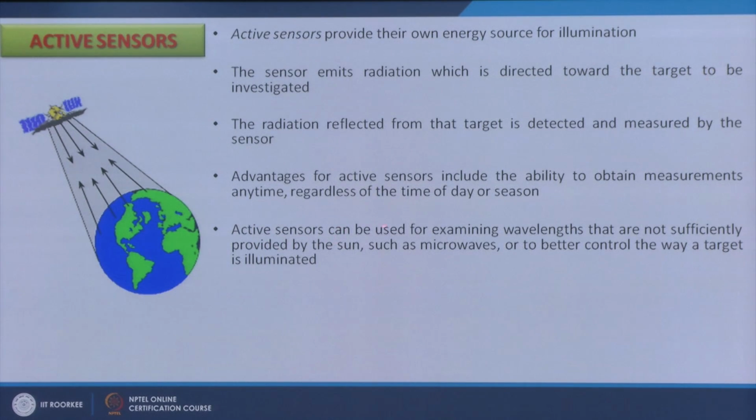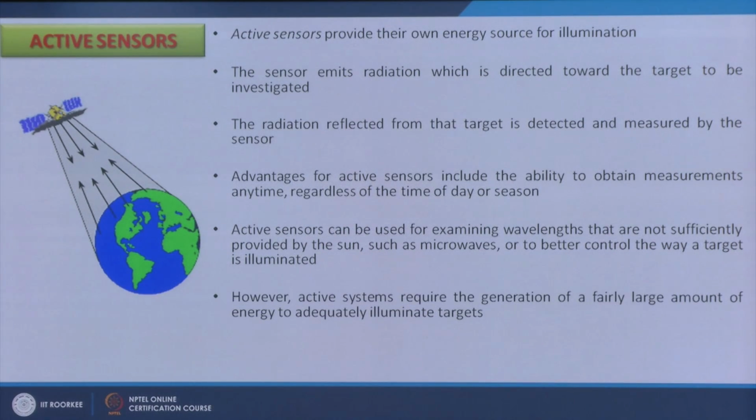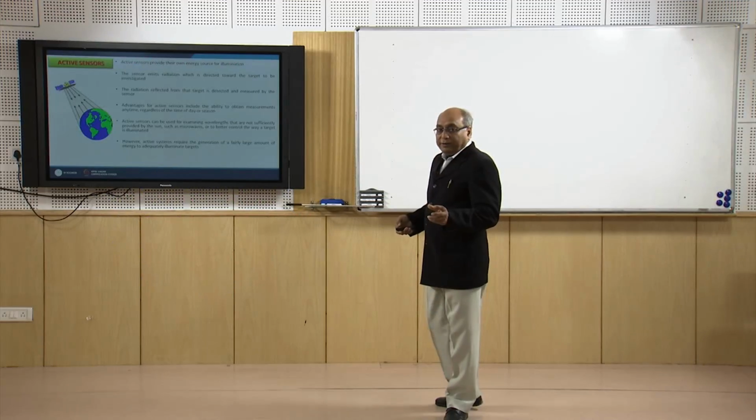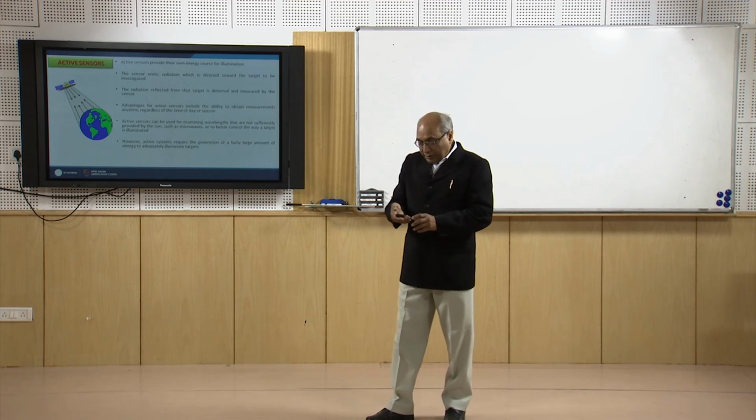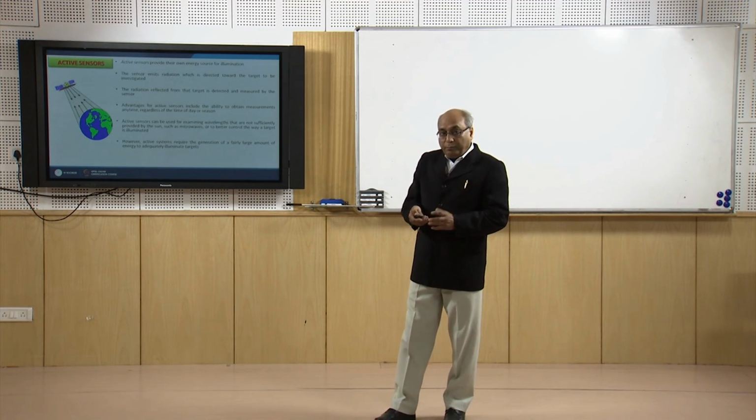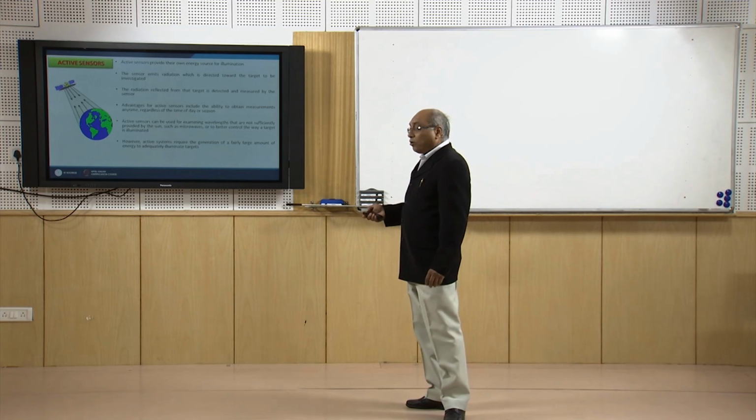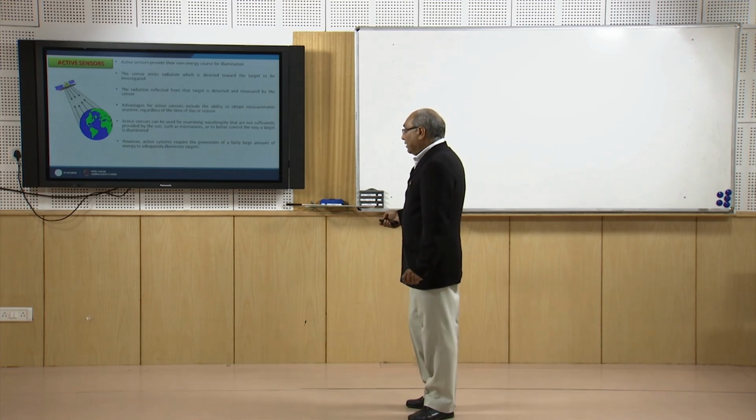Active sensors can also be used to examine wavelengths that are not sufficiently provided by the sun, such as microwaves, or to better control the way a target is illuminated. So the way we want to illuminate a target can also be designed or decided by the operator of that instrument.